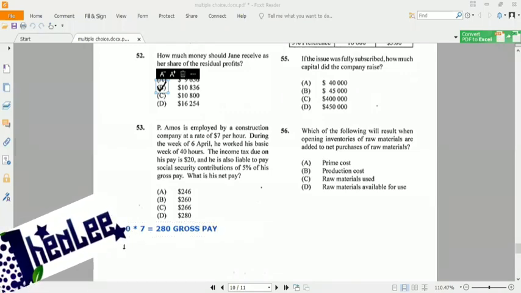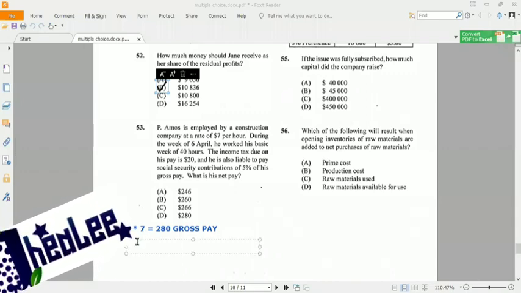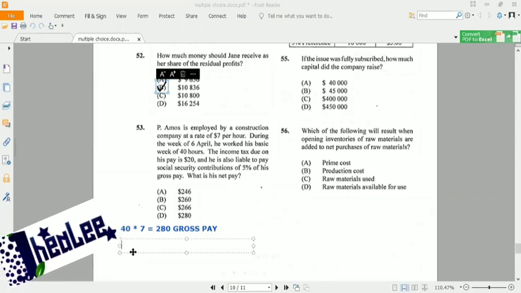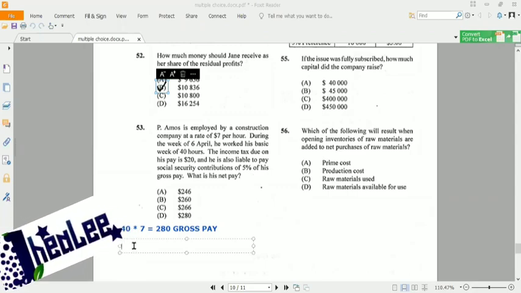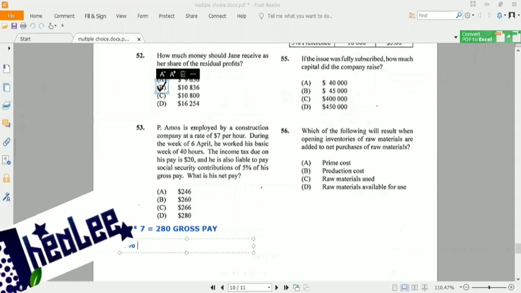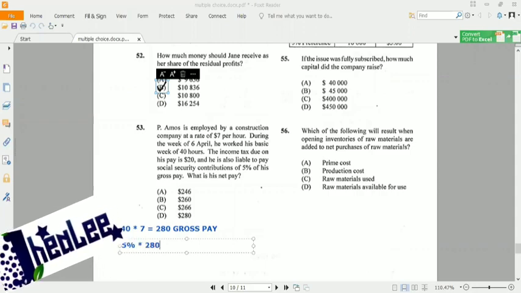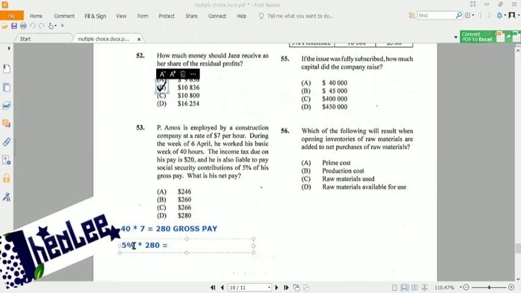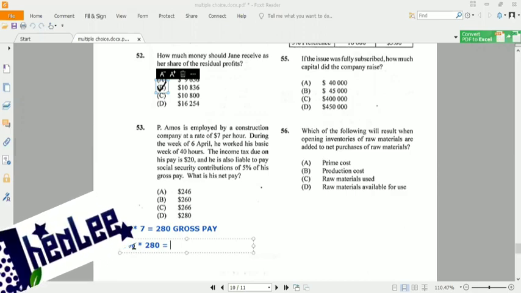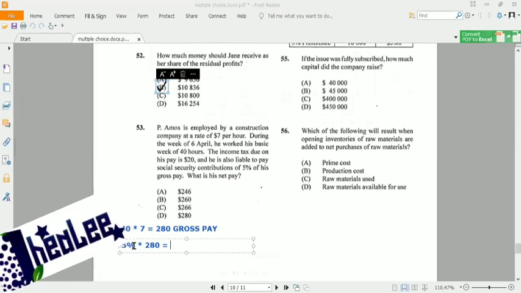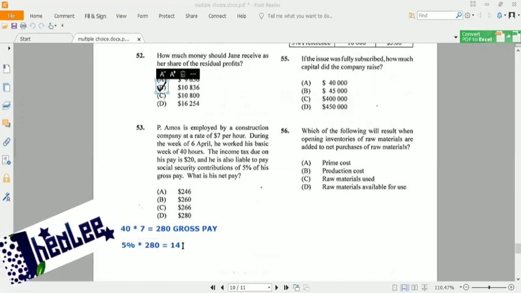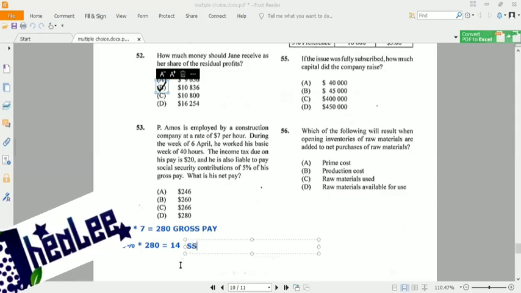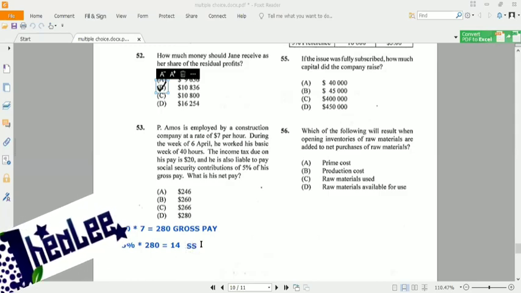From that gross pay, we have the income tax that is already calculated, but we need to calculate the Social Security. The Social Security would be 5% times the 280, and that gives us $14. This 14 represents SS, Social Security, and this is a deduction.